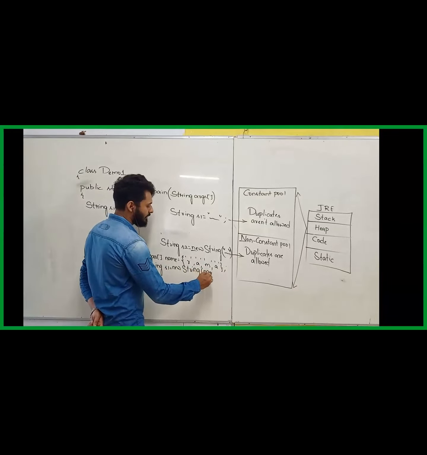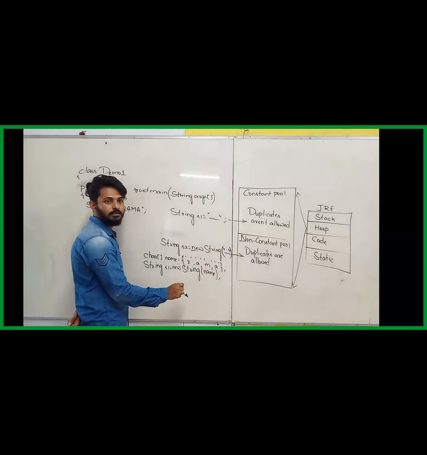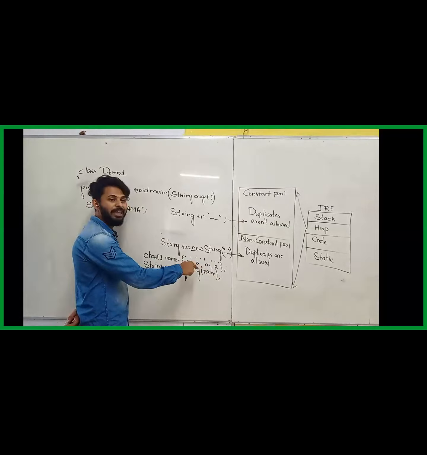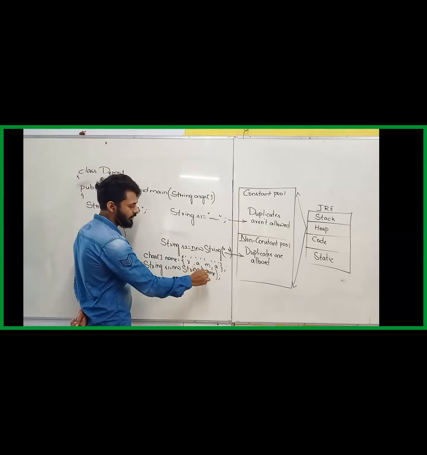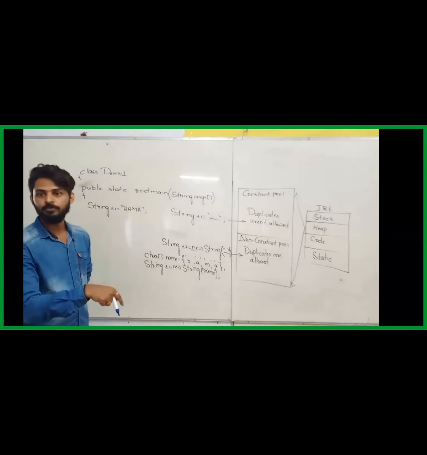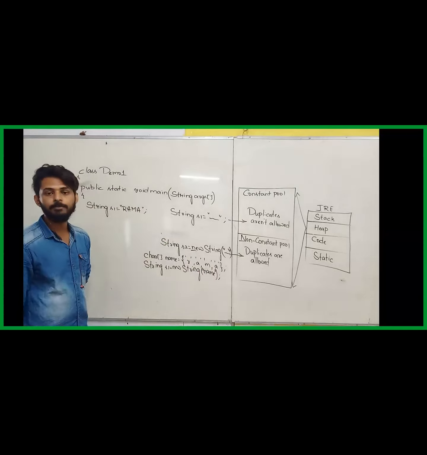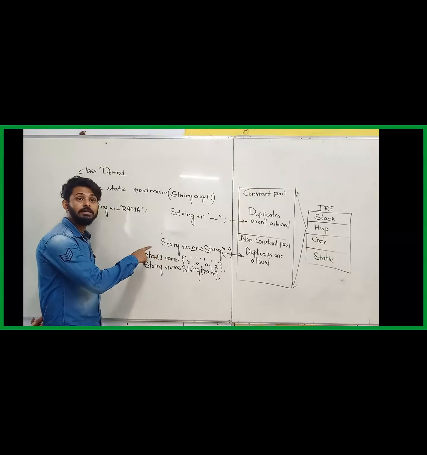You should not use double quotes here. Why? Because that is a variable, that is not the value directly. If I give double quotes, it will consider name as a value. But what is name here? Name is a reference variable for that character array.